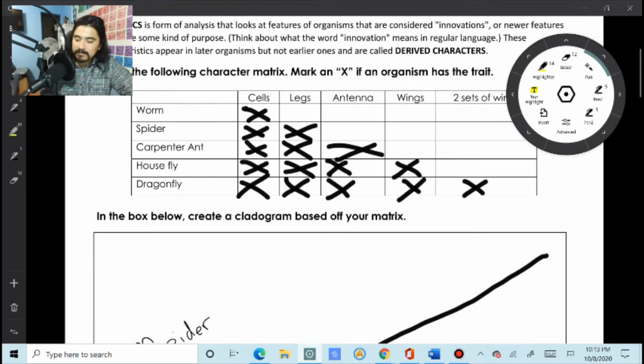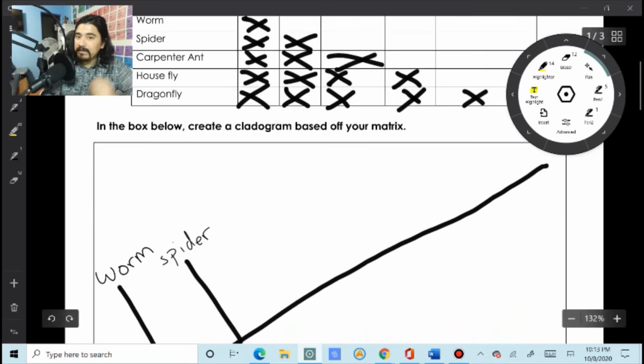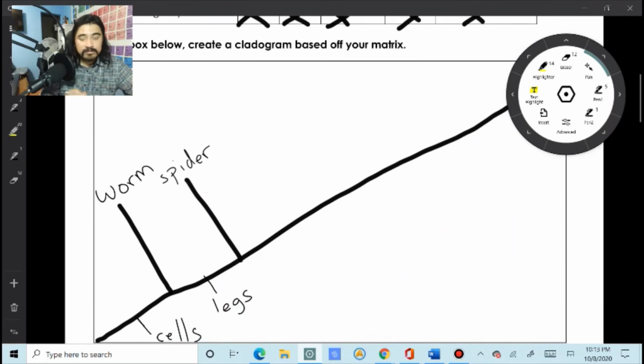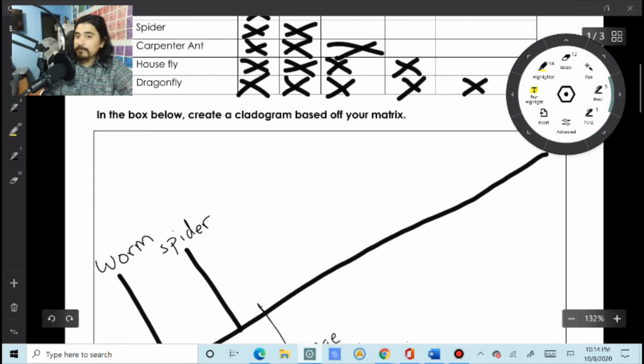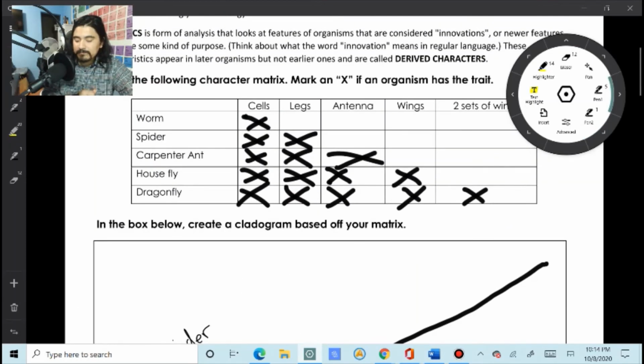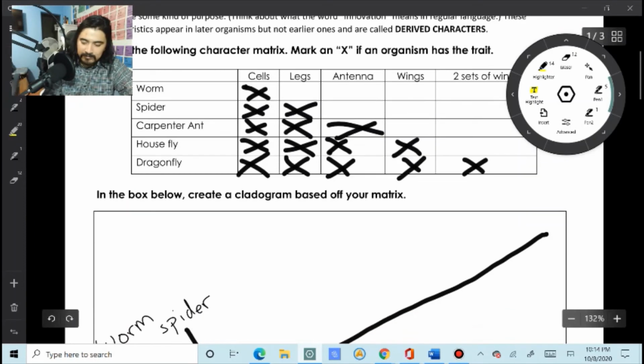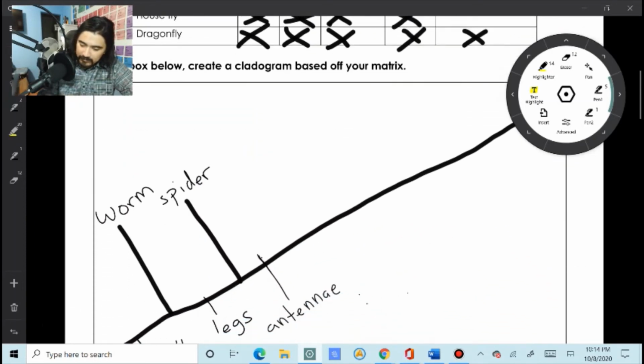Antennas. As you can see at the very top in the table, antennas are next in line. So, did spiders have antennas? No, spiders do not have antennas, so we know that characteristic evolved after spiders. The same thing that we did with legs, we're going to do with antennas. And what is the first organism that developed antennas? Carpenter ants. So let's put carpenter ants next up in our tree.